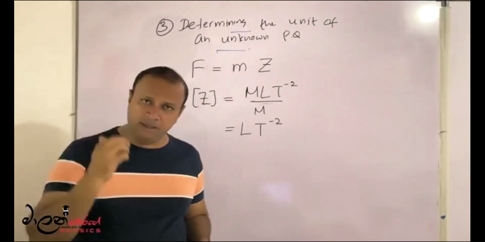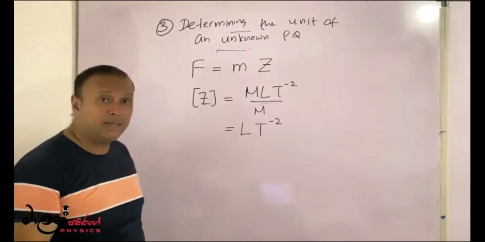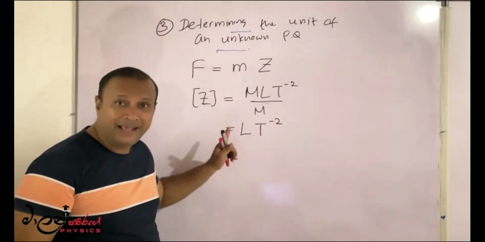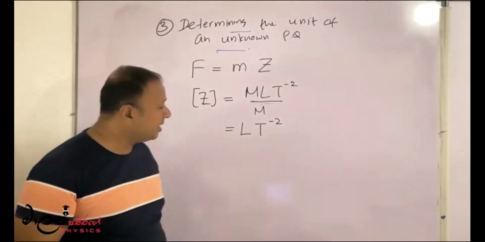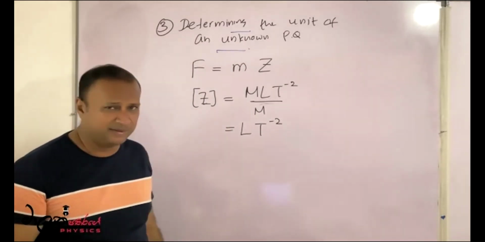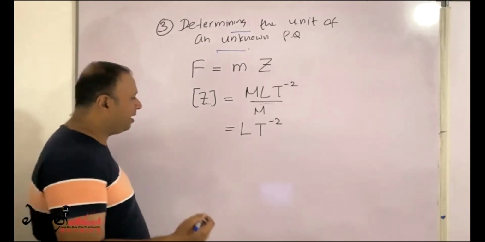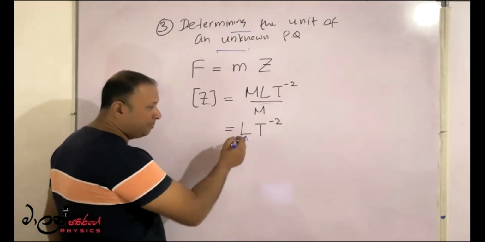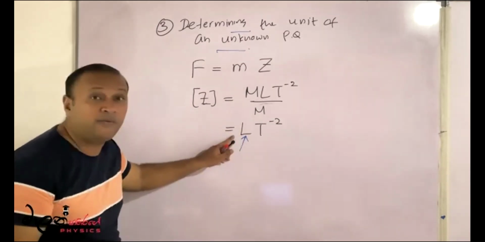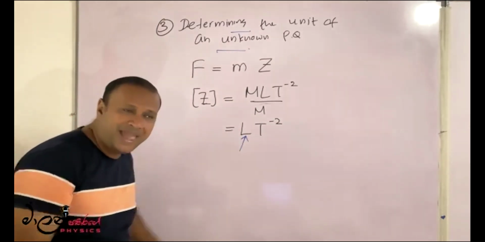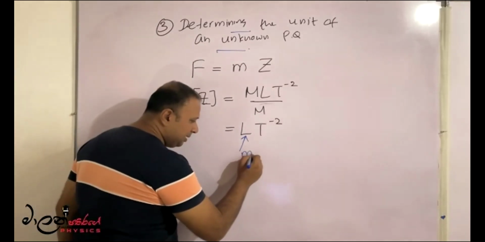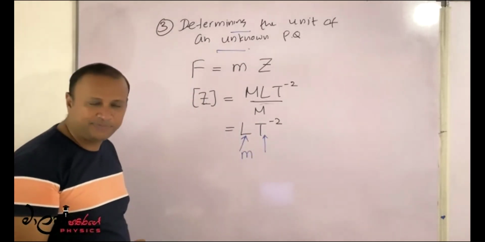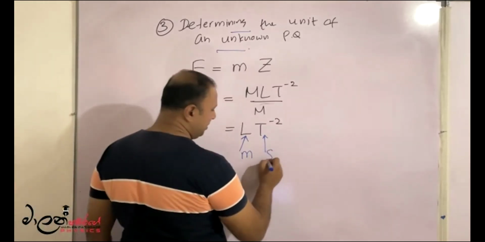Once you determine the dimension, then you can assign the SI unit of M, L, and T. The SI unit of M is kilogram, the SI unit of L is meter, and the SI unit of T is second.